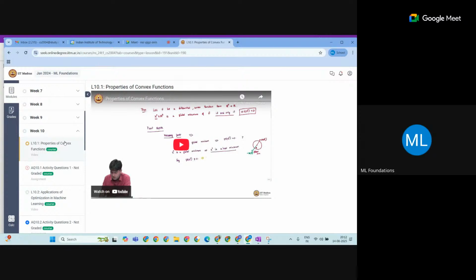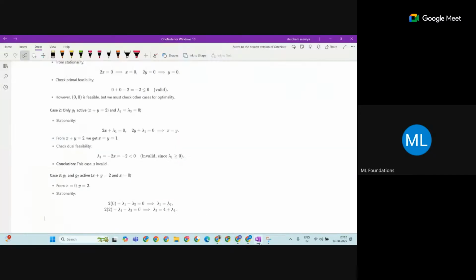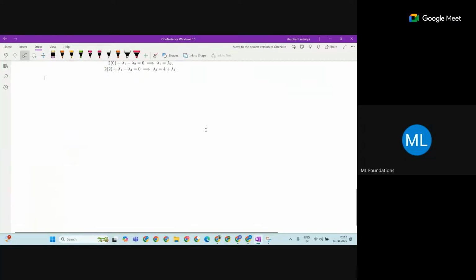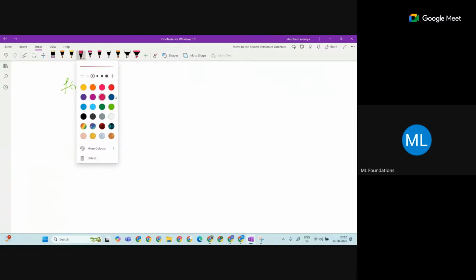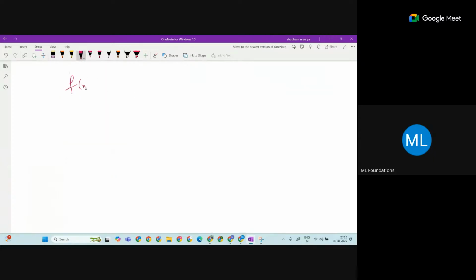So it is a reversible form, and we can apply the same thing for concave, but the condition is that the minus of it should be convex. If you have a function f(x) and want to check whether it is concave or not, just check whether minus f(x) is convex or not.